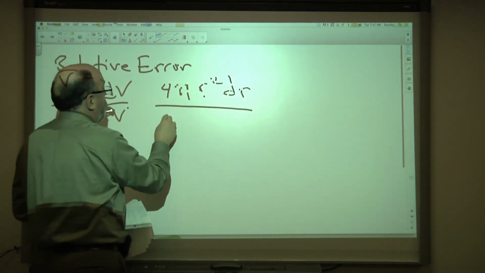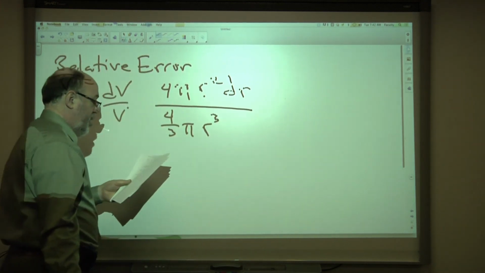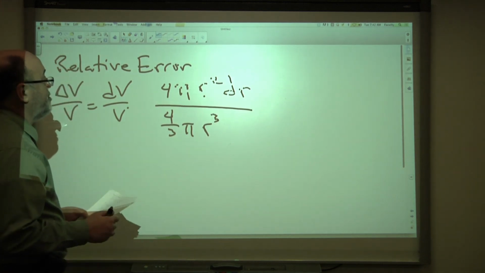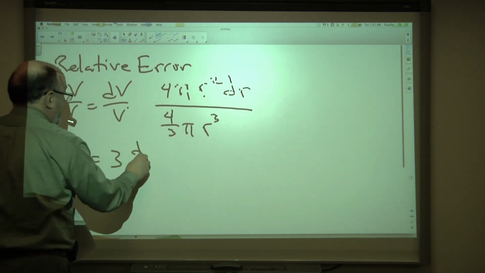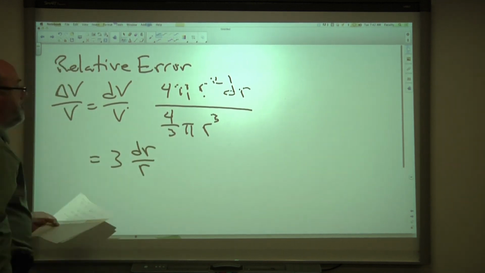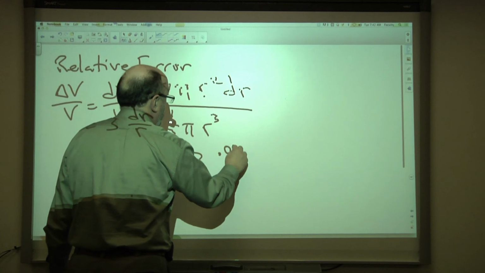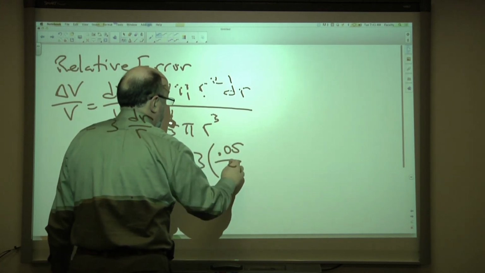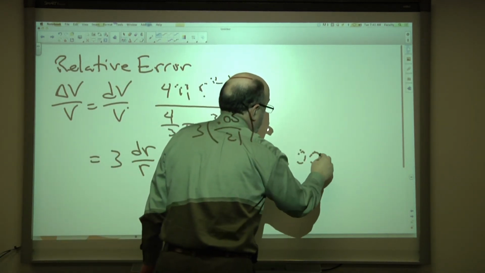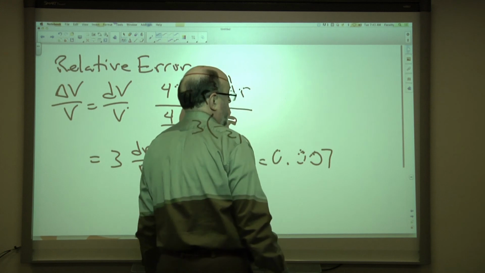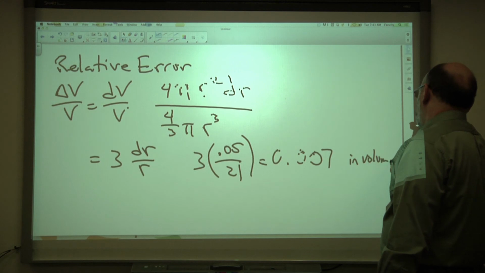We said V was 4/3 pi r cubed. Okay. And if I play with this and rearrange this a little bit, this comes out to be 3 dr over r. When I simplify that, this will be 3 times 0.05 over 21, and we get an error of 0.007 in the value.